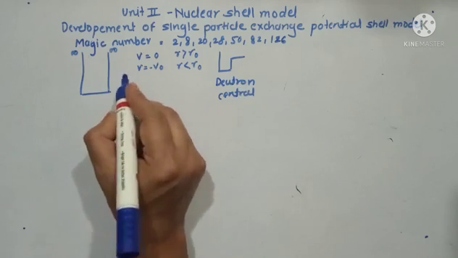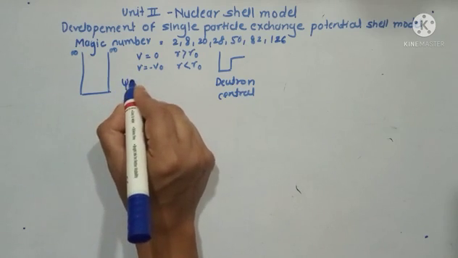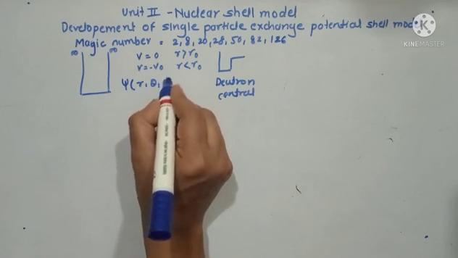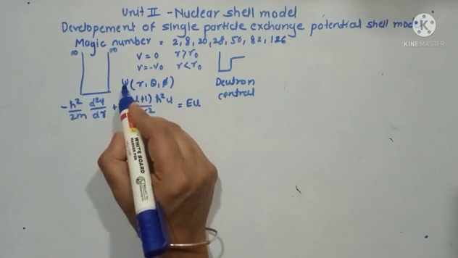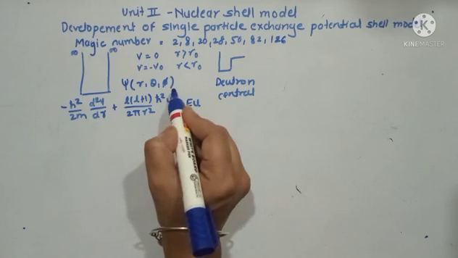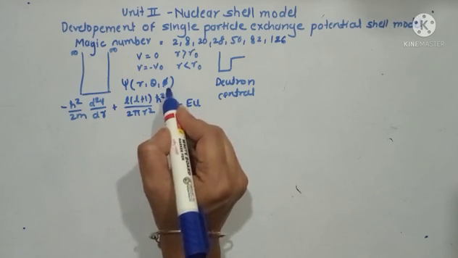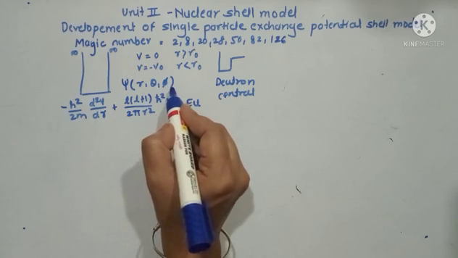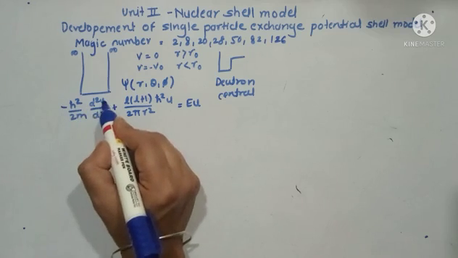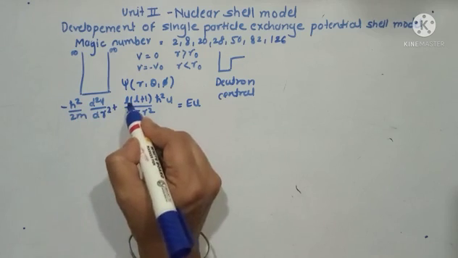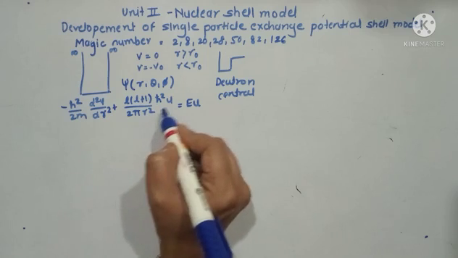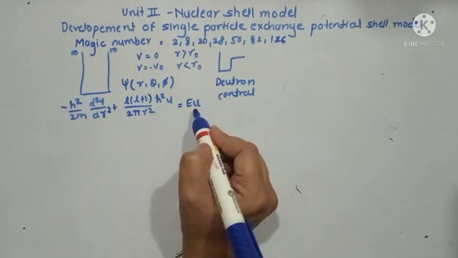But now they have considered the wave function psi as a function of r, theta and phi, which is not central. For this wave function, the Schrodinger equation could be written as minus h cross square upon 2m d square u upon dr square, plus L into L plus 1 h cross square upon 2 m r square u, is equal to E u.